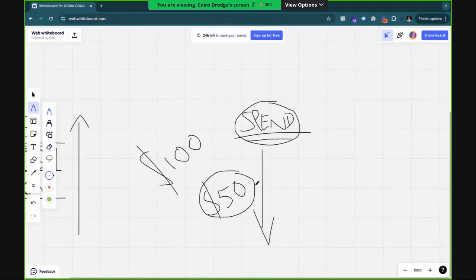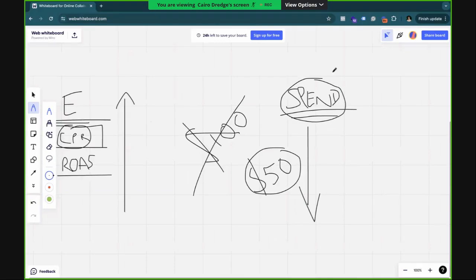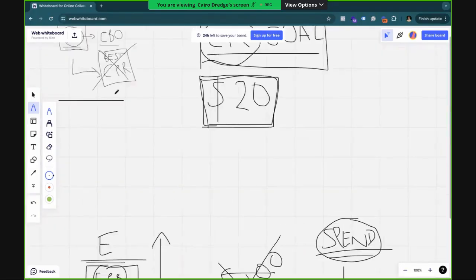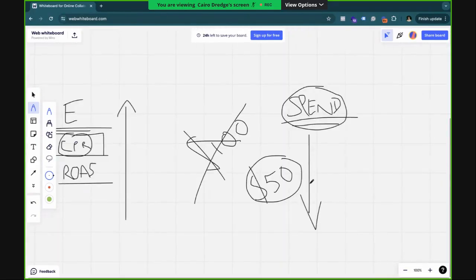So you could set your budget at 100, but it's only going to spend 50 day to day if it thinks it can achieve that. Okay, and so it's really important to notice that when you sacrifice your spend, your efficiency goes up, and vice versa. You sacrifice your efficiency using highest volume, and your spend can go up.